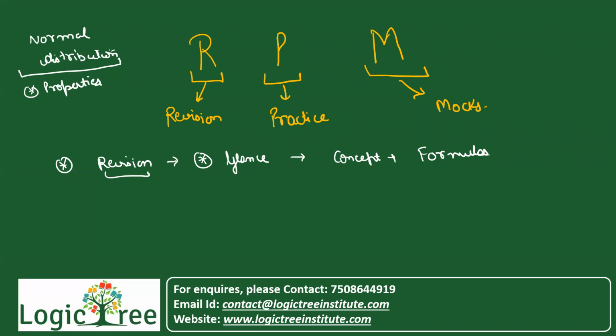These are the basic properties that I will recall. Then I will move to the formula. The basic formula of the normal distribution: z is equal to x minus mu divided by sigma. I will recall this.